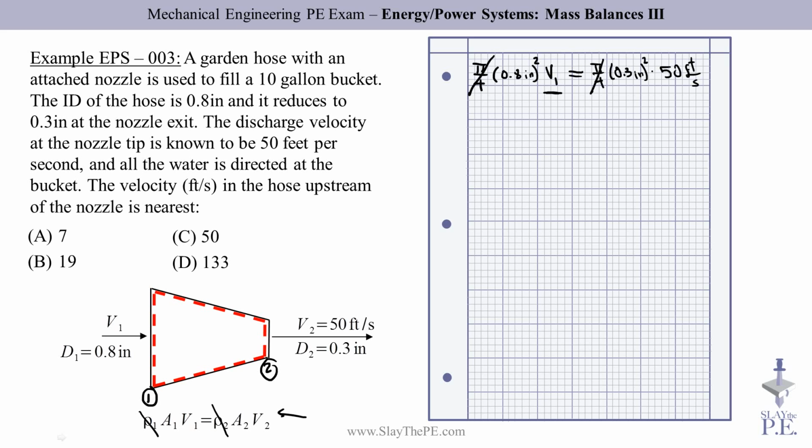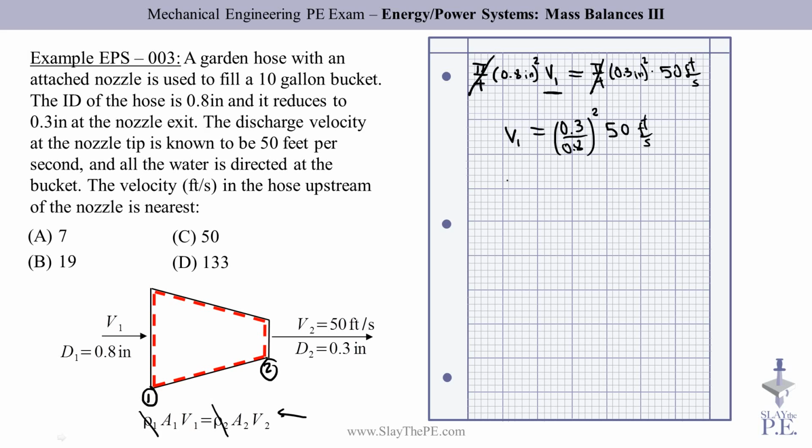Now we use this equation and solve for V1. Here, it's really not necessary to start converting units. First we can cancel out the pi divided by 4, and when we solve for V1, the ratio of inch squared over inch squared is going to take care of itself. We don't really need to convert those inches to anything.